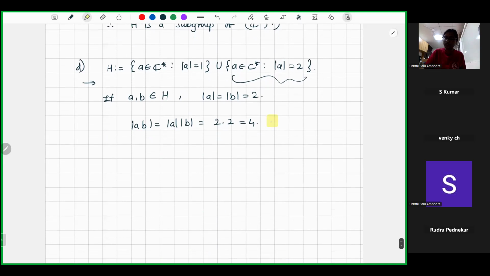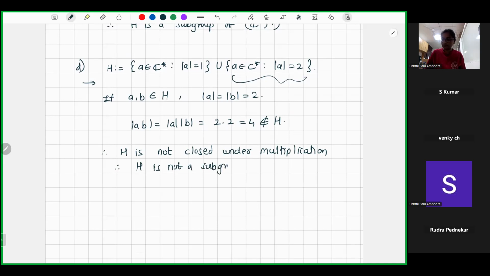So 4 does not belong to H. So therefore H is not closed under multiplication. Hence, therefore H is not a subgroup of C star.